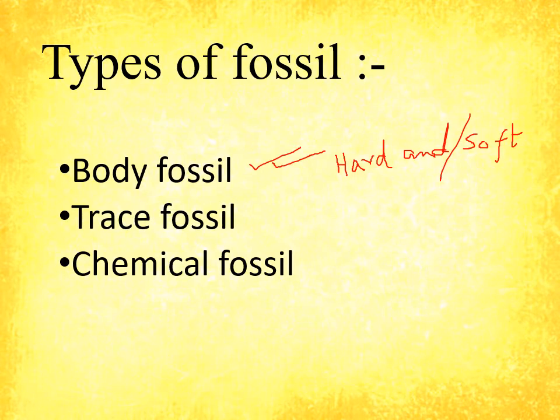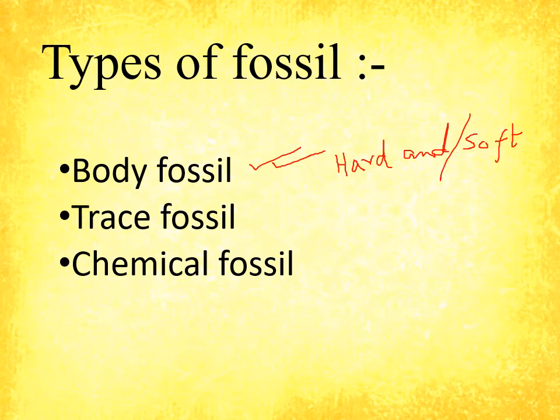But when the decomposition of the muscles is complete, still the hard parts, the bones, remain as they are. So generally hard parts have more chances to be preserved compared to the soft parts, the muscles.